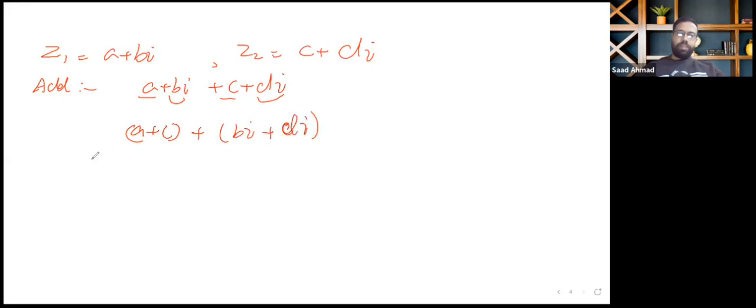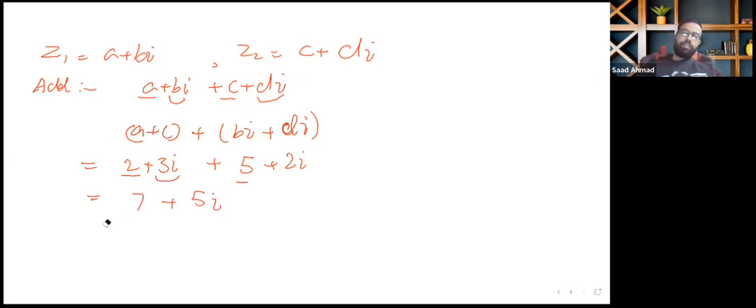Let's say we give them numbers: 2 plus 3I plus 5 plus 2I. So 2 plus 5 will be 7, plus 3I plus 2I will be 5I. That's how we add them.